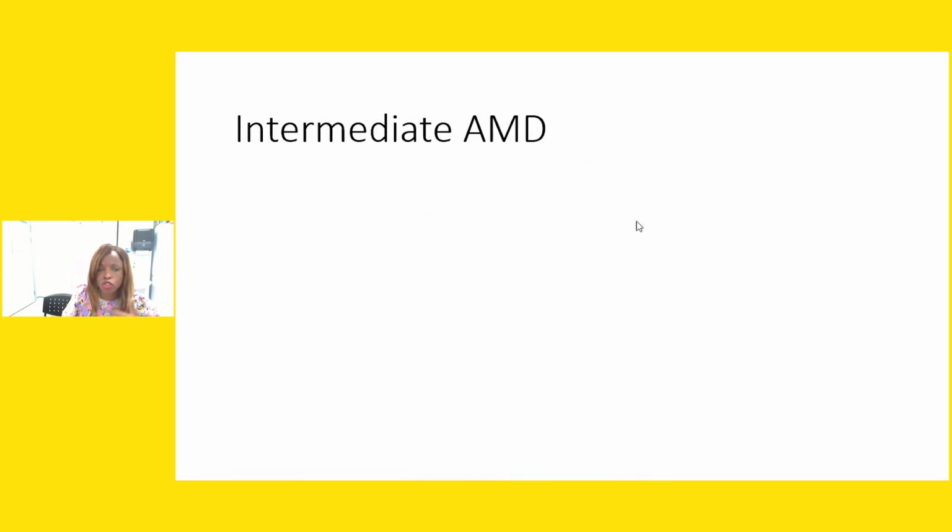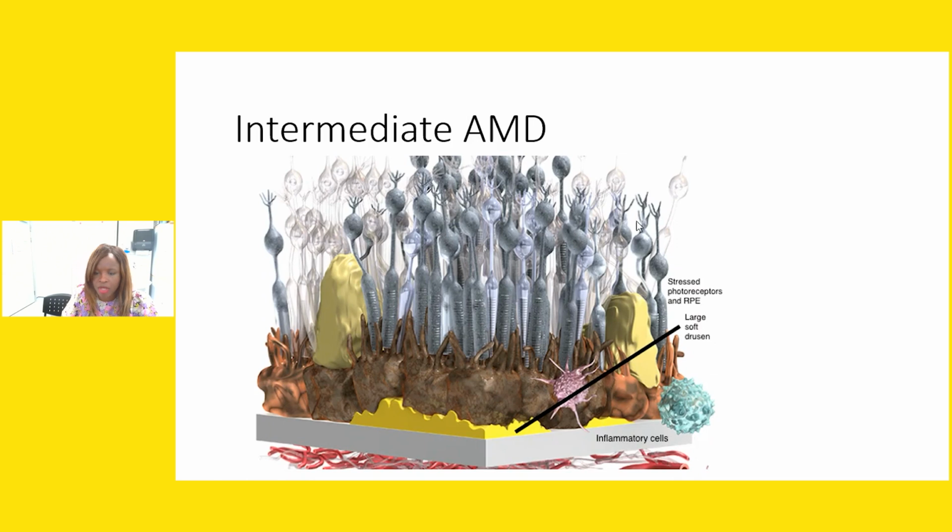And if things continue to progress, age-related macular degeneration moves on to a stage called intermediate age-related macular degeneration. And at that stage, the collection of drusen, those yellow deposits, get bigger, they increase, they join up, and that results in more damage to the RPE and thinning of the photoreceptors and the choroid.